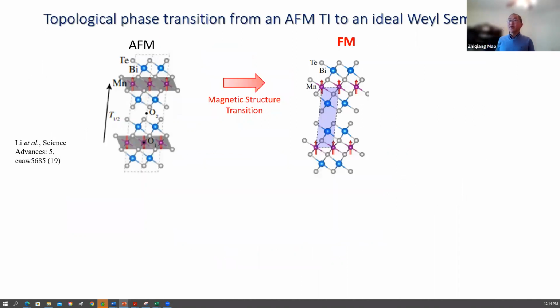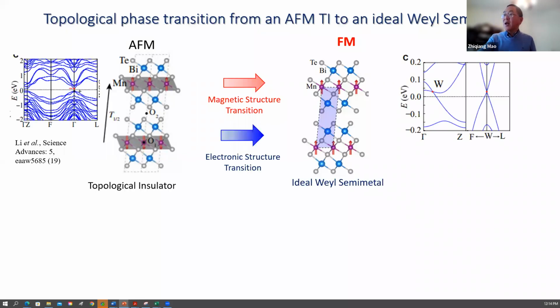Theory also predicts this system could show a topological phase transition from an antiferromagnetic topological insulator to a Weyl semimetal in bulk. Because the interlayer coupling is antiferromagnetic, and this coupling is not very strong, if we apply a field along the z-axis, the magnetic state can be polarized to ferromagnetic as shown here, and this would cause a band structure transition.